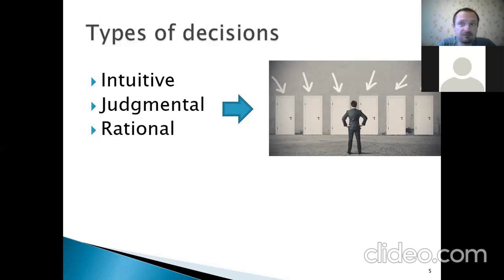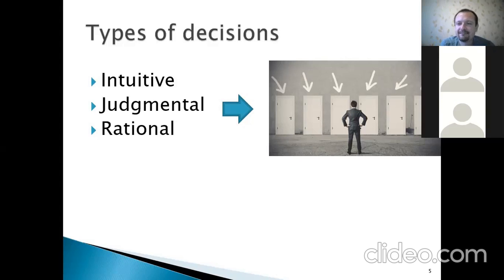Not intuitive, not rational, but as you can see from this screen, it is judgmental. Okay, yes, I think we can think about outcomes.